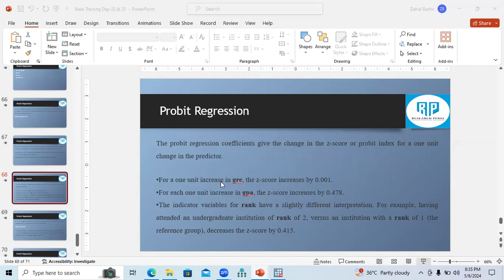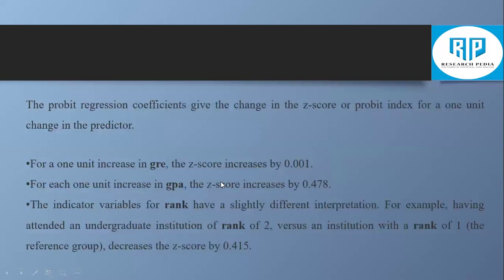So we can say that if there is a 1 unit increase in GRE or GPA, there might be an increase in the admission score or admission chances, in case of GRE by 0.001 and in case of GPA by 0.478.